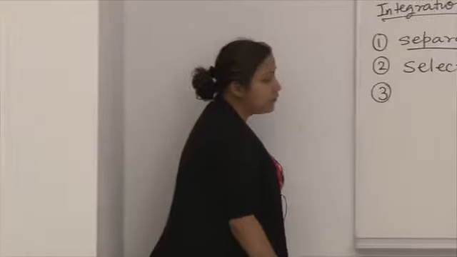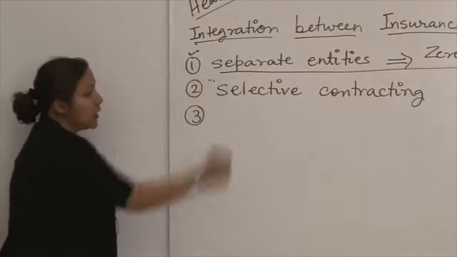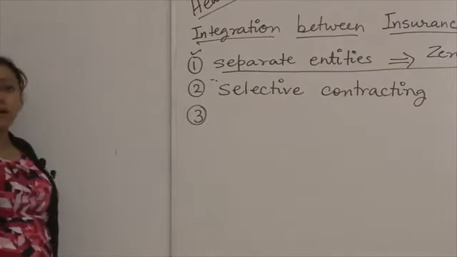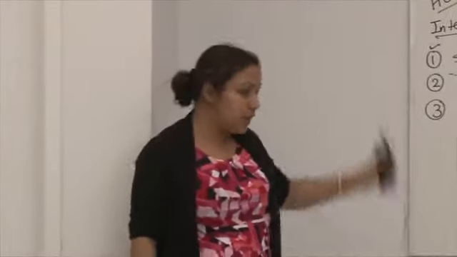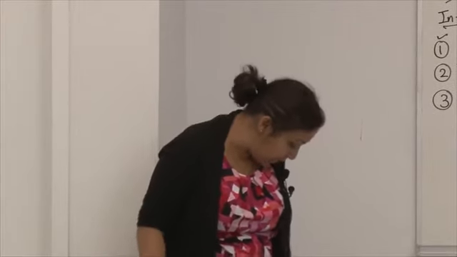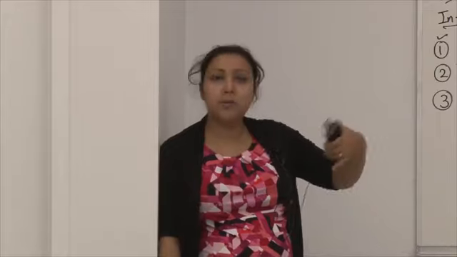Now, in selective contracting, compared to the first one, the health insurance company has a relatively more active role. That is the difference between the two. Between the separate entities and selective contracting, the health insurance company gradually starts playing a more active role. And what is that active role?